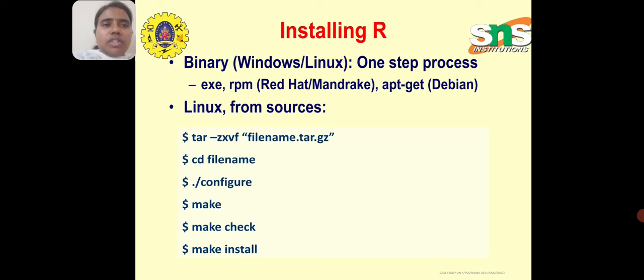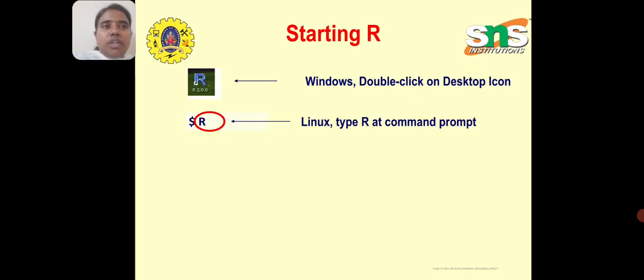Linux from sources: tar xvf filename.tar, or tar xzvf for tar.gz files, then cd filename, then ./configure, make, make check, make install. To start, on Windows, double click the desktop icon.